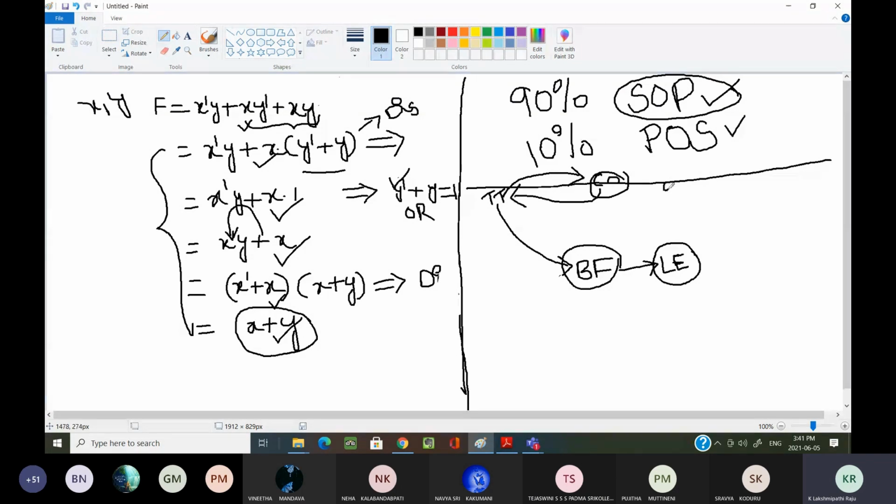All the input combinations that I can give to that particular circuit, and all the outputs for each and every combination, I represent in truth table manner. From this truth table, I derive one logical expression. That logical expression I call the Boolean function or the logical expression.